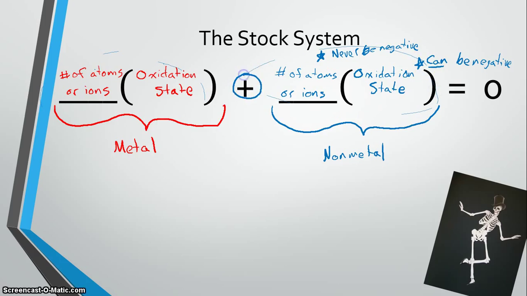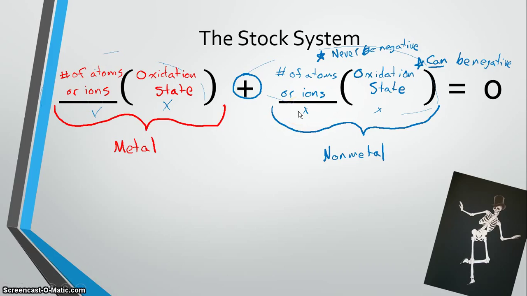Then I add them together to equal 0. That's really important because we're going to have a lot of pluses and minuses floating around here, but it's important that you multiply this times this and this times this before you add the two pieces together.